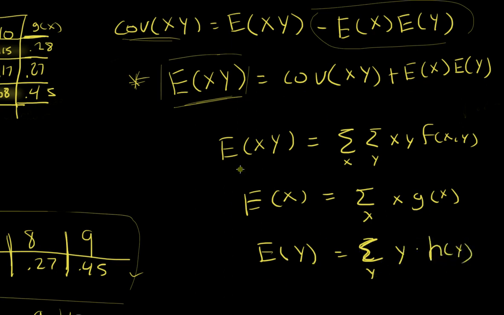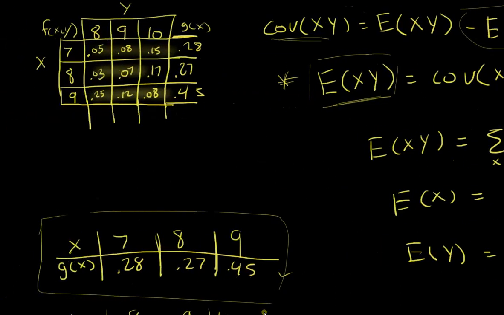Okay, so you need to find all these pieces and then put them together like this. If you want to find the covariance for this, I'm going to leave that as an exercise for you. If you want to find it and post the answer to the discussion board, more than happy to check that. I would love to see a student do that.